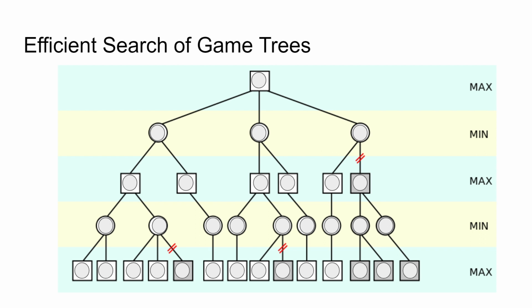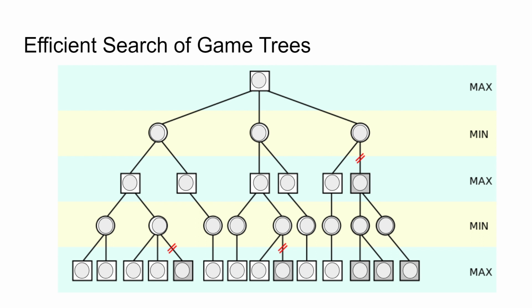Instead of a simple game where you get 1 point for winning, a half point for tying and 0 points for losing, like chess, it'll be a game where at the outcome I get a certain number of points. Maybe it's how many more points I get than my opponent. So there's just a numerical score, and I want my score to be as high as possible, and my opponent wants my score to be as low as possible.